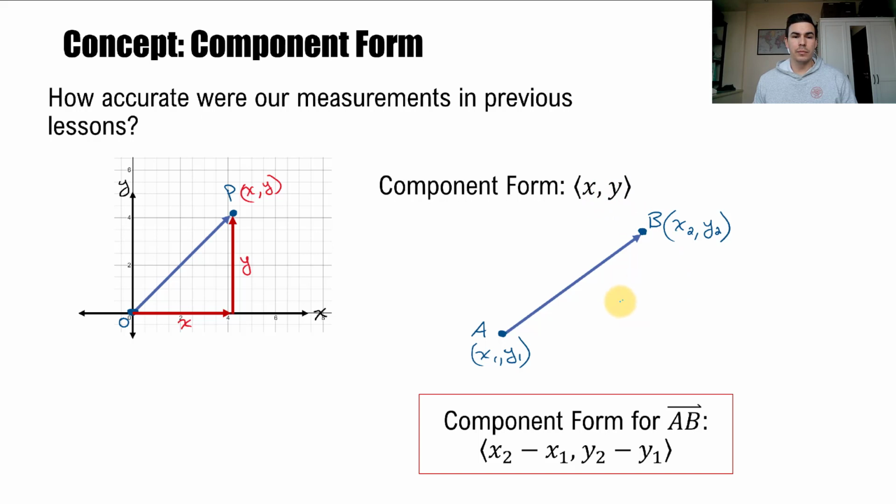If I were to draw my triangle here, we would have this distance and this distance, just like we had over here. But now I've got x2 minus x1 and y2 minus y1 as my distances. So that is component form.